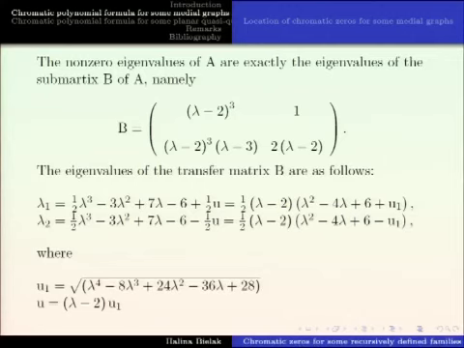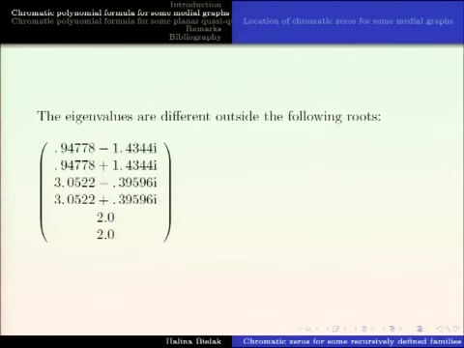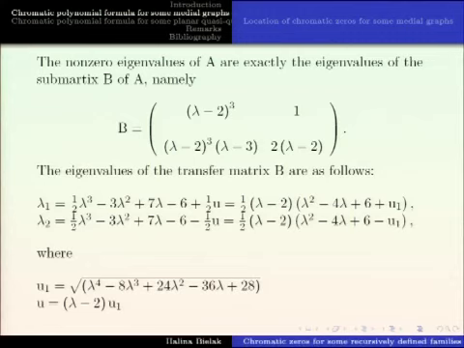Here we have some parameter defined here. These eigenvalues are different outside the following sets, but here I have a mistake. We delete this. Yes, I return. Here we have only the roots of the following polynomial.